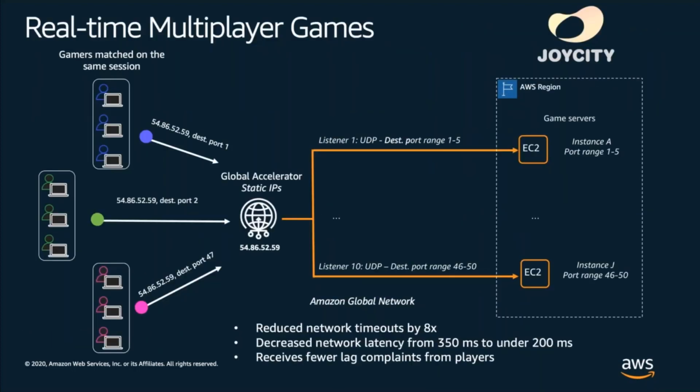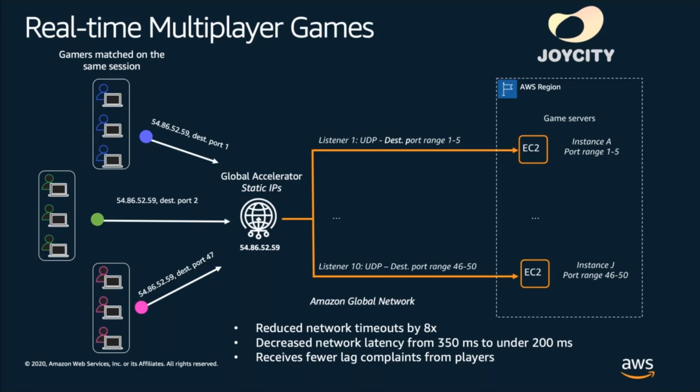So a popular use case is gaming, especially real-time multiplayer games. When you have multiple players that play in real time, usually this is UDP-based traffic, and you can think of some popular games that you might know. A customer that's been using this for a while is Joy City.